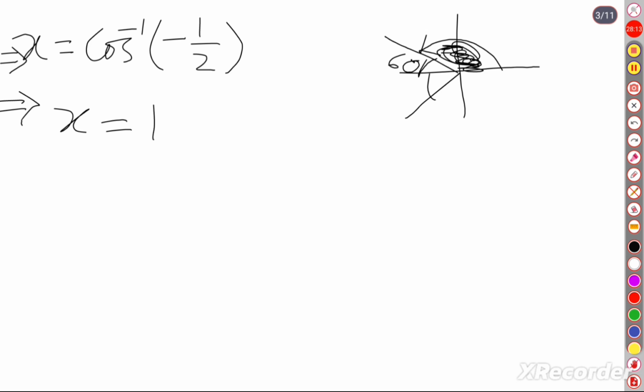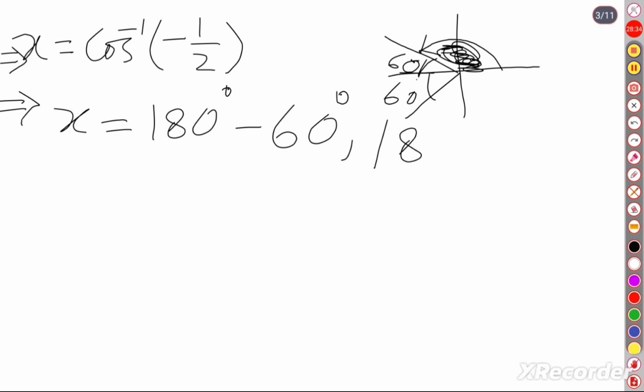In the second quadrant it will be 180 degrees minus 60 degrees, one of the values. The other option we get is from the third quadrant. So 180 degrees, and as this one is 60 degrees, the angle is this one. It will be 180 degrees plus 60 degrees.